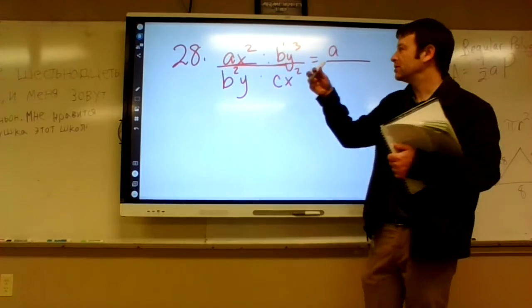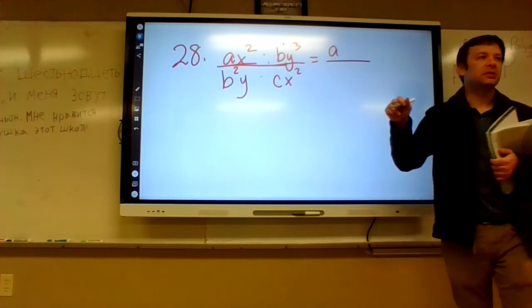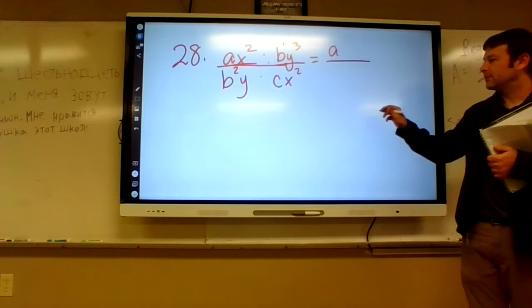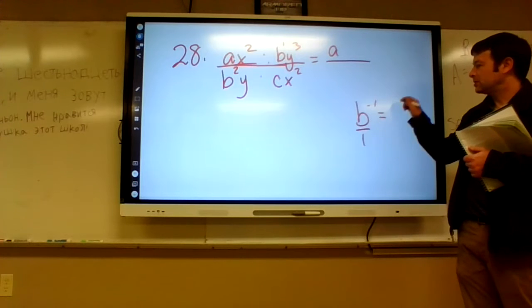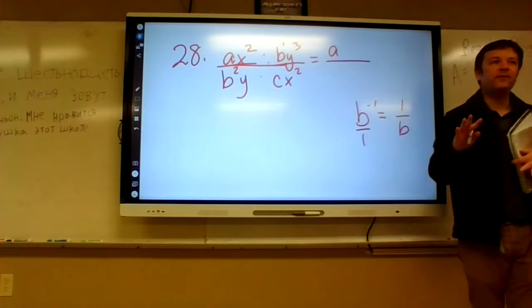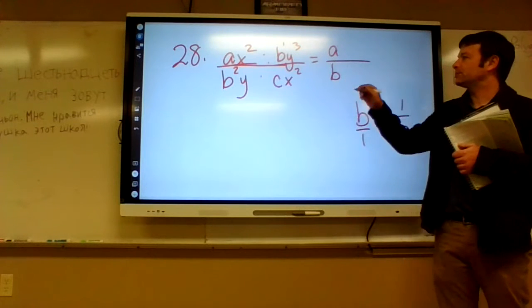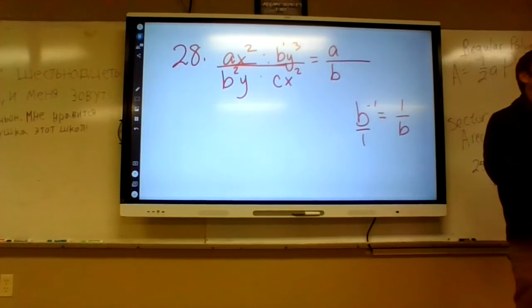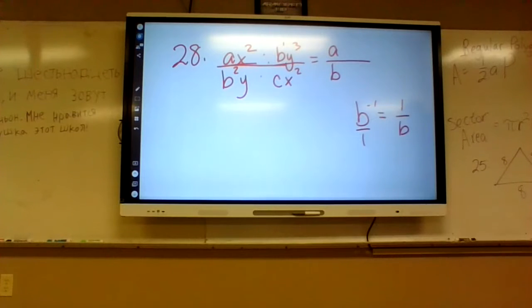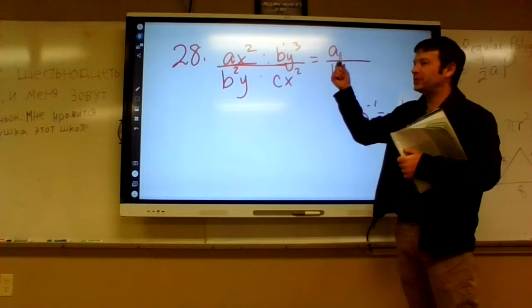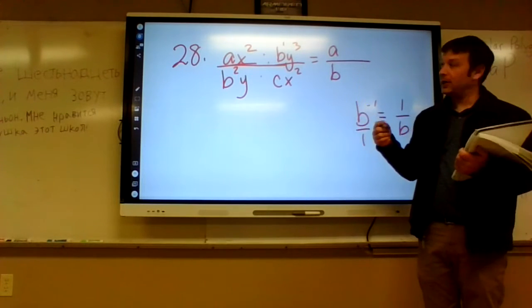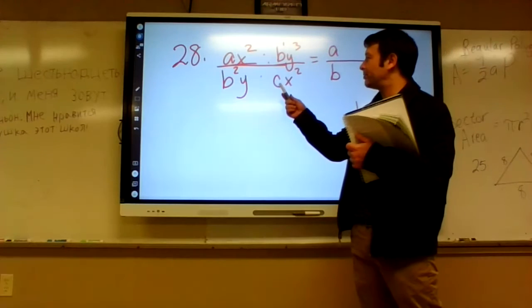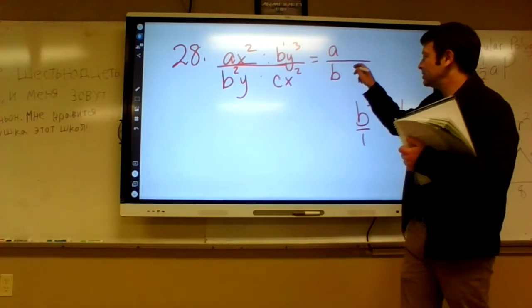B to the negative 1 would be on the bottom, so it's 1 over B. The negative exponent does not affect the negative or positive value of the term, it just moves things up and down. Then I see one C on the bottom, and that's the only one I see.